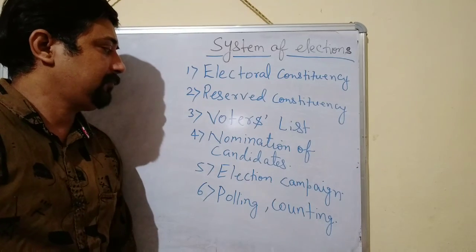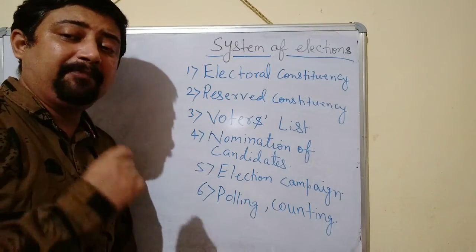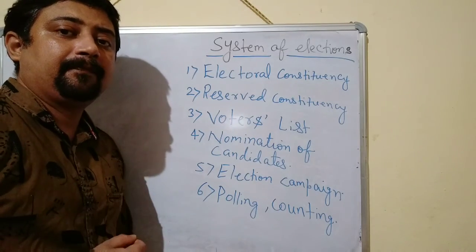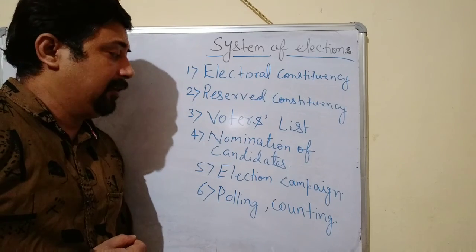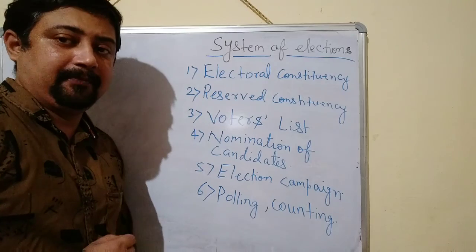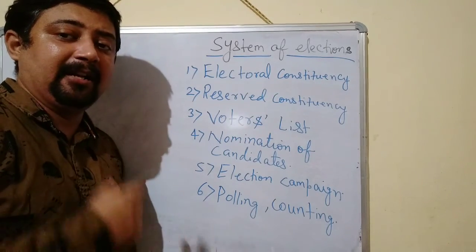Okay. Now the fourth one is nomination of candidates. Here is the most important part. After preparing the voters list, one more step is there. And what is that step? Nomination of candidates. Different political parties are going to nominate their candidates.